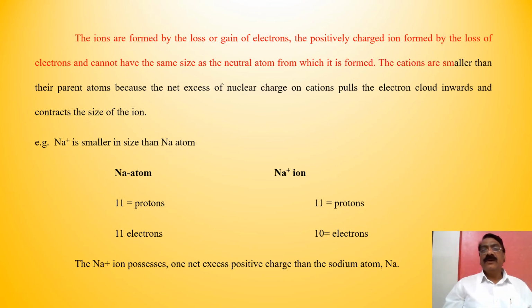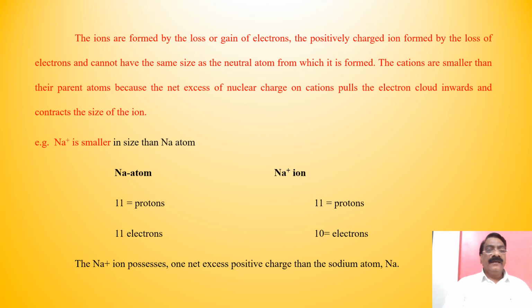Cations are smaller than their parent atoms. This is because the net excess of nuclear charge on the cation pulls the electron cloud inwards and the size of the ion contracts.